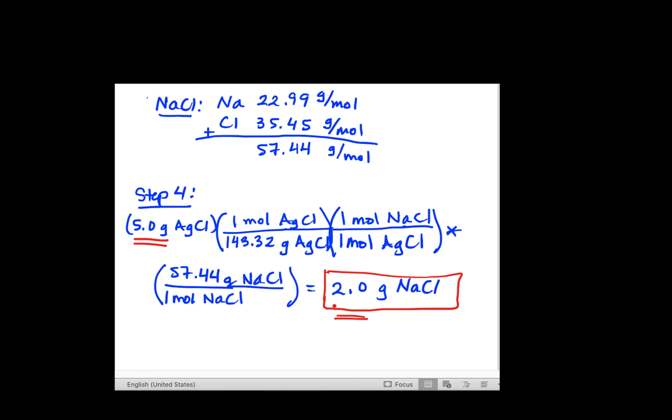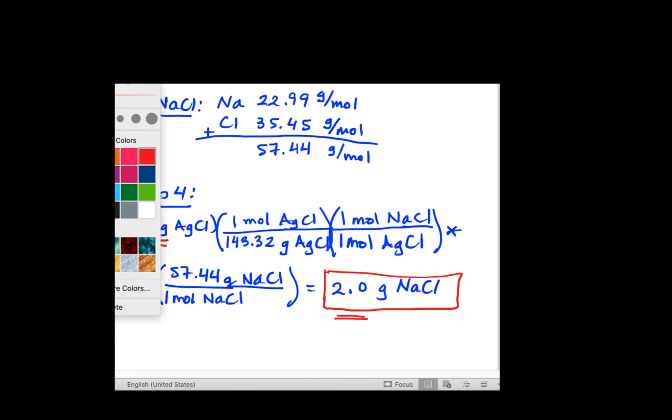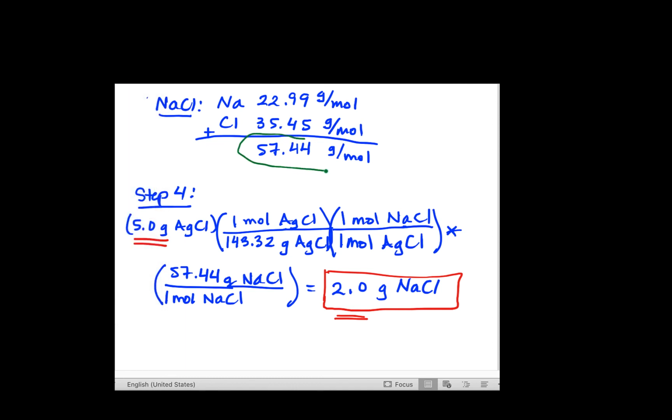While I was explaining this problem, I looked at my numbers and realized that one of them did not make a whole lot of sense. I was looking at this mass for sodium chloride and I thought, wait a minute, if I'm adding 23 and 35, I shouldn't get 57, I should get 58. So let's go ahead and update these numbers. It only changes our final answer by a little bit, but I didn't want you to be confused later trying to figure out why that was correct.